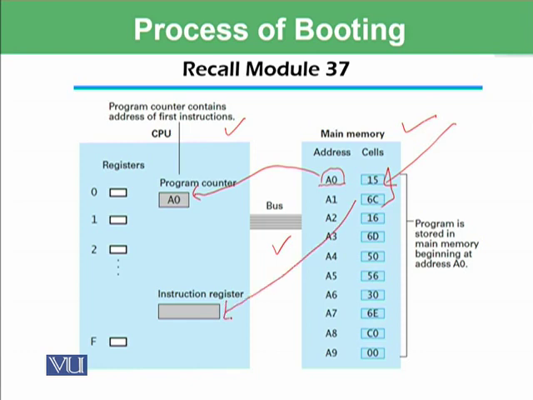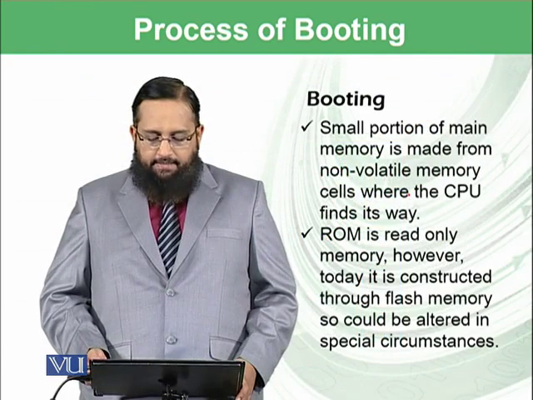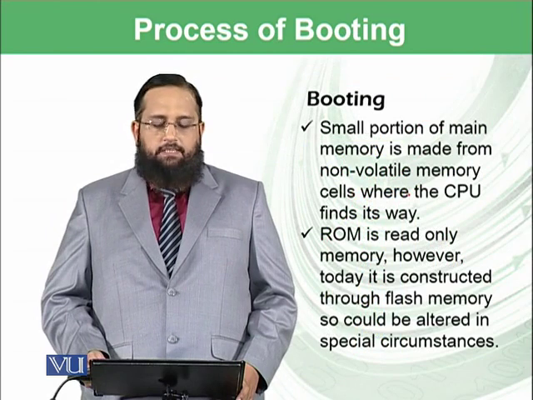In the start, all of our main memory is empty. It doesn't have anything. So we need someone who could load our operating system, which is residing on mass storage, into this main memory. And this process is known as booting.